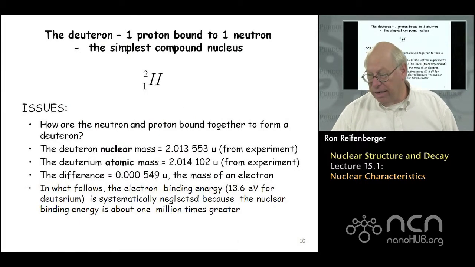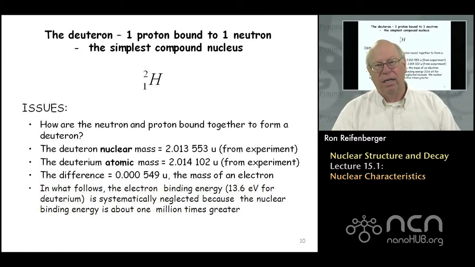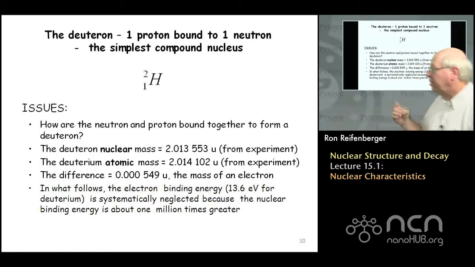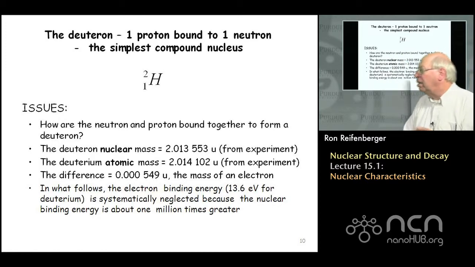The next general topic is a general discussion of how tightly these protons and neutrons are bound to the nucleus. And I want to motivate that discussion by considering the deuteron, which is the simplest compound nucleus that you can imagine. The deuteron has 1 proton and 1 neutron, so its atomic mass number is 2, right?